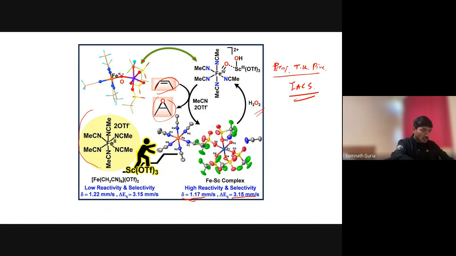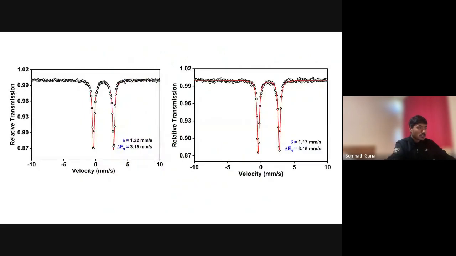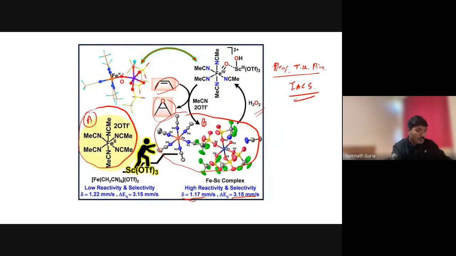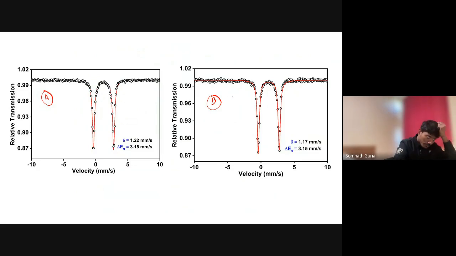This is my species A, and this is another species B. Okay, now this spectrum corresponds to my species A, and this corresponds to species B. Okay, so why is it so?